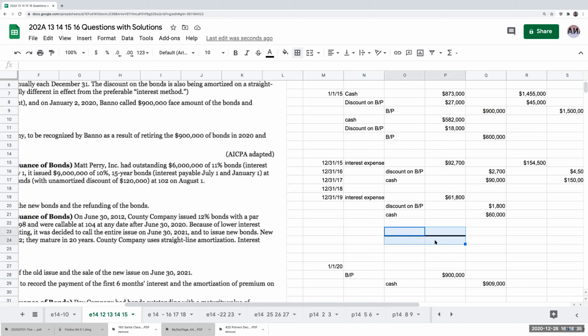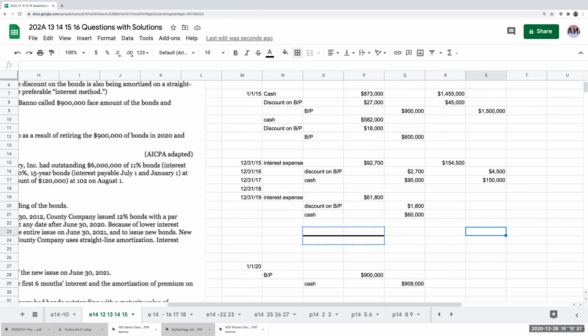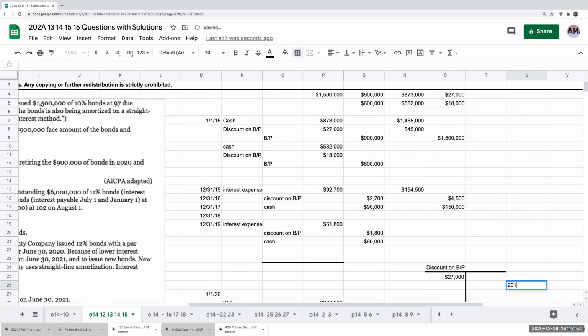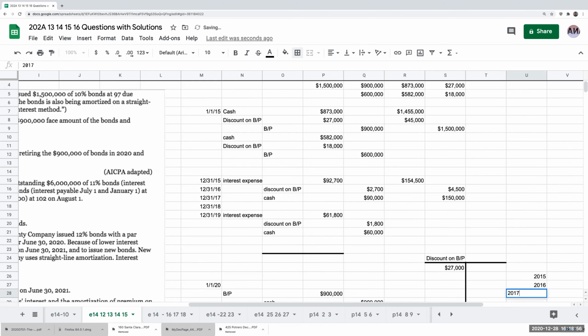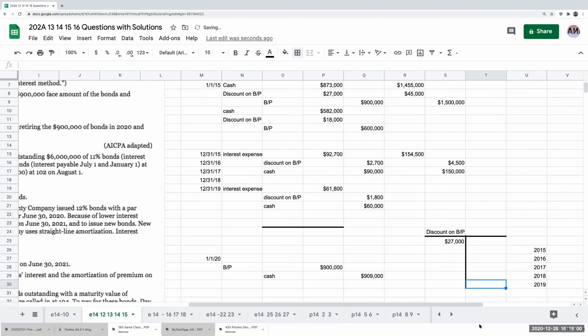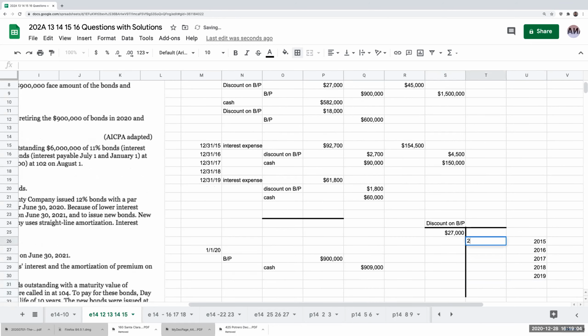So let's take a look at our discount on bonds payable for the $900,000 portion. My discount on bonds payable started off at 27,000. Every single year, 2015, 2016, 2017, 2018, and 2019, I amortized this discount by 2,700.